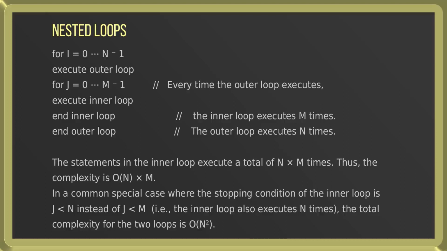As a result, the statements in the inner loop execute a total of n multiplied by m times. Thus, the complexity is O(n times m). In a common special case where the stopping condition of the inner loop is j less than n instead of j less than m, i.e., the inner loop also executes n times, the total complexity for the two loops is O(n squared).